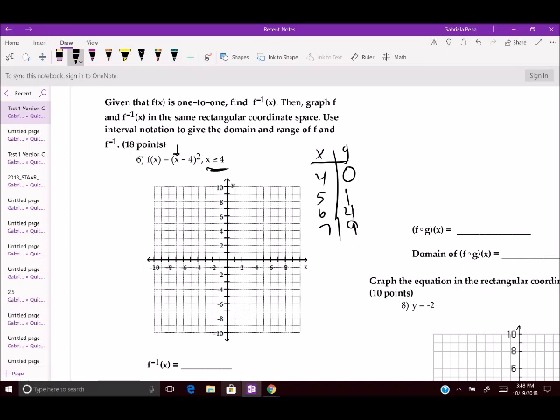So right now, those are the points that we have. I'm going to go ahead and sketch them: 4, 0; 5, 1; 6, 4; and 7, 9. So this is enough for you to sketch the graph. You're going to have to sketch it, so make sure you sketch.